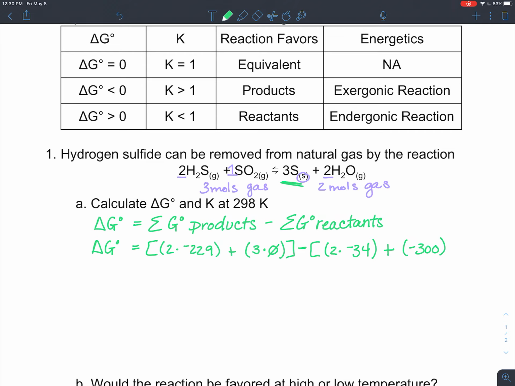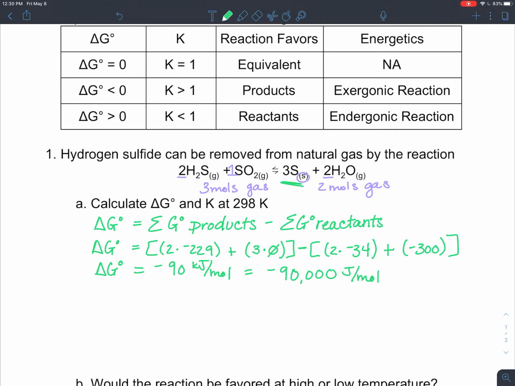So you can go back and double check all of these values in the appendix if you want to, just to make sure all of those are in there. And so when I calculate all of that out, I get a delta G value at standard conditions of negative 90 kilojoules per mole, which, because we're going to use that R value in joules per mole Kelvin, we can say is also equal to negative 90,000 joules per mole.